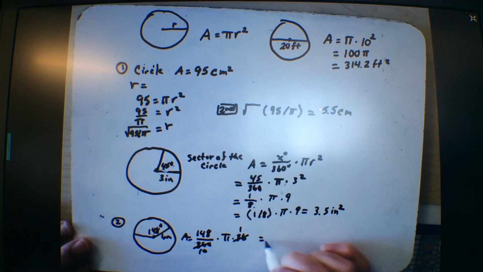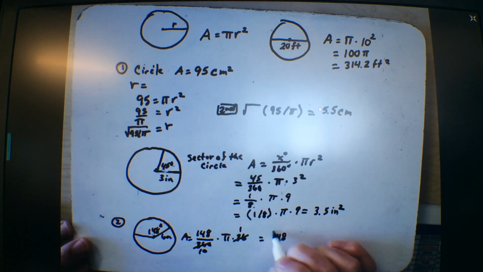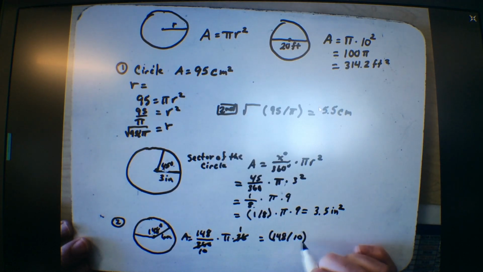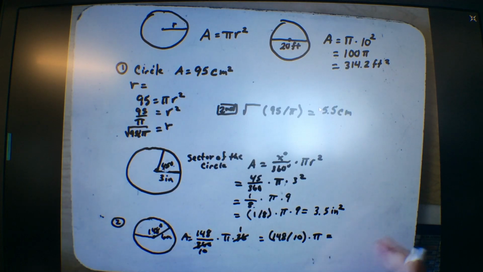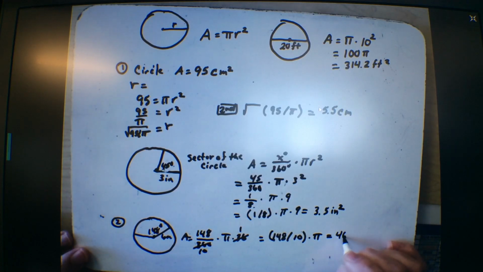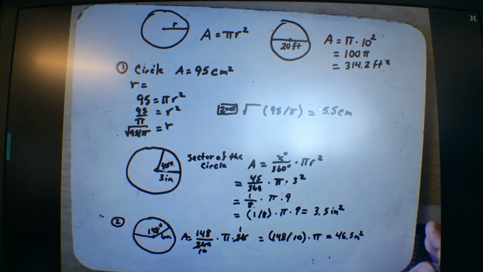So now you can plug into your calculator 148 in parentheses divided by 10, which is actually 14.8 times pi, right? And tell me what you get. 46.5. 46.5 what? Meters squared. I'm finding the area of the sector, correct?